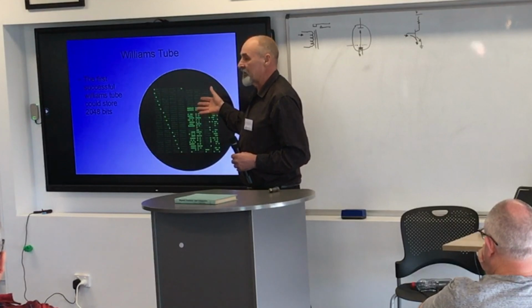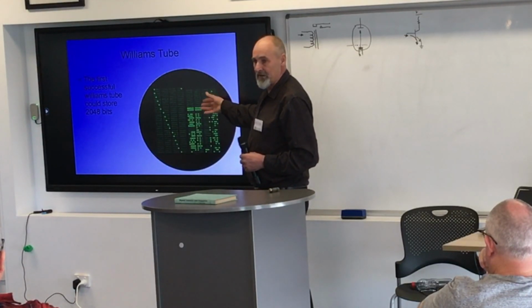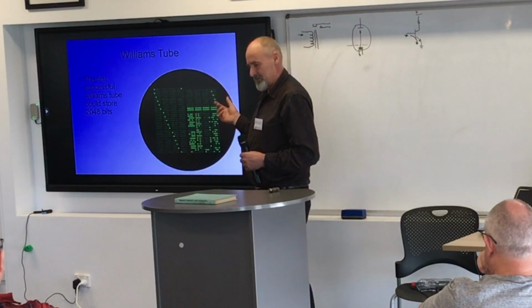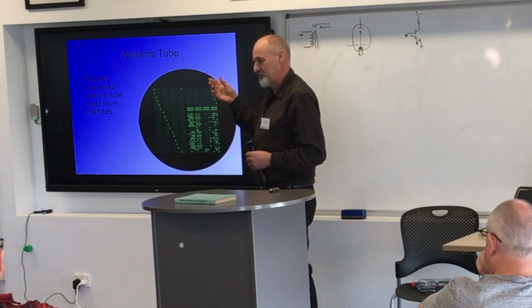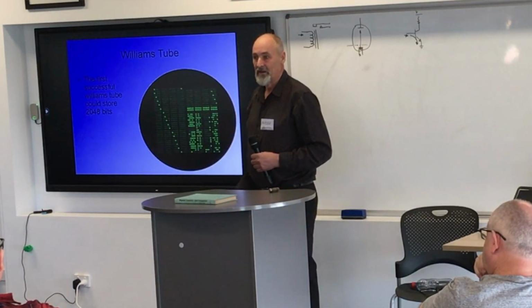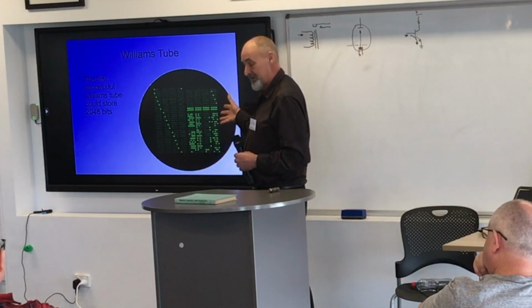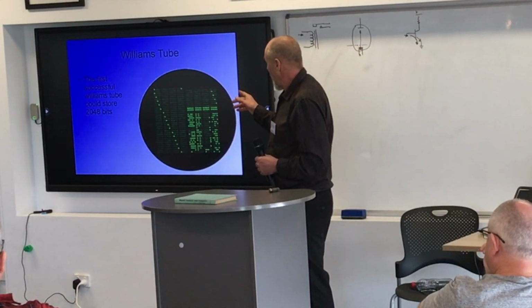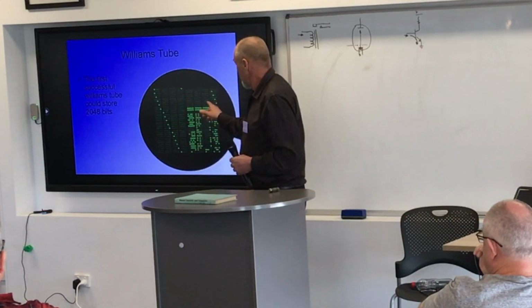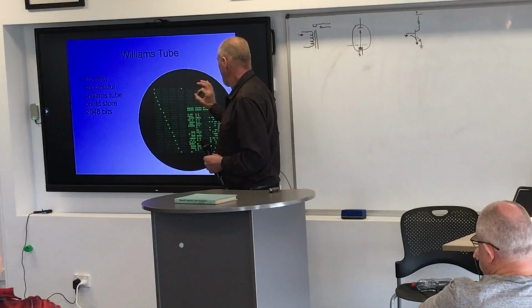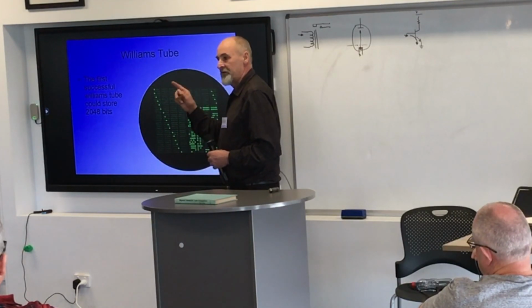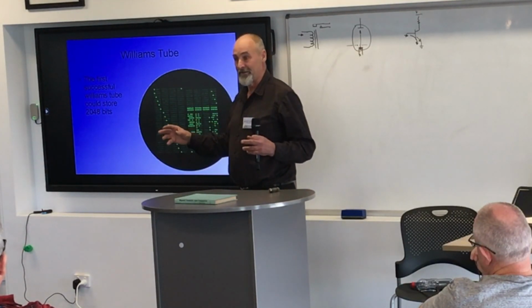So it's recycled, the data fades away, so the recycle time is only a couple of milliseconds. So lots of electronics to make these things work. And to erase a bit is really odd. You either draw a big fuzzy dot or you draw a line through it and the charge dissipates.